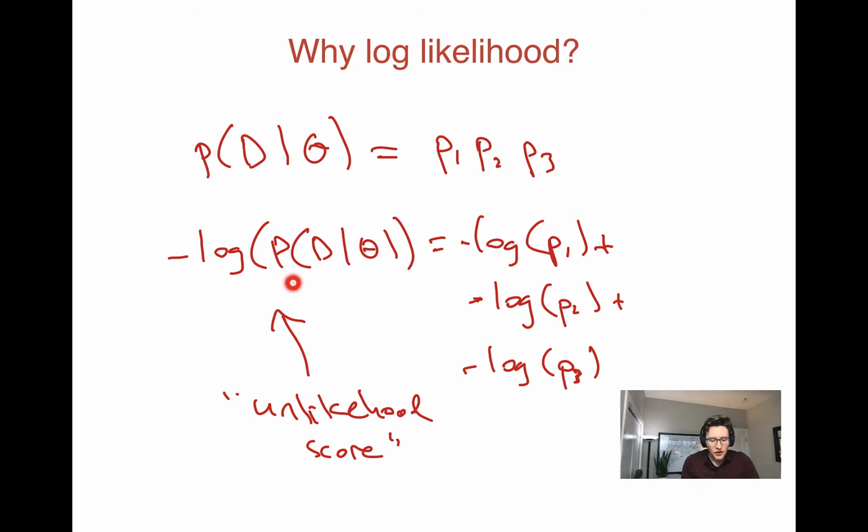You can think of this negative log likelihood as an unlikelihood score, in the sense that the more data we get that shows that something is unlikely, the higher the score will be.